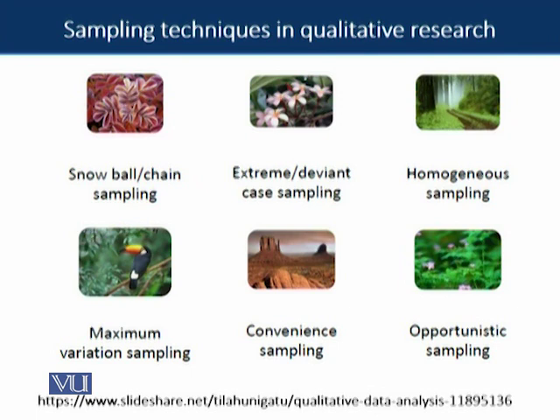Then maximum variation sampling is a kind of sampling used in qualitative study where the samples included have maximum variation. For example, there is a list of students.